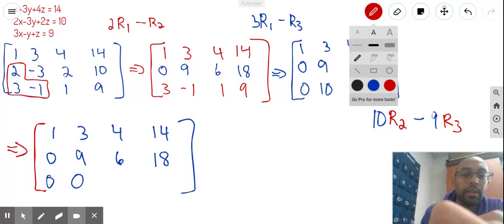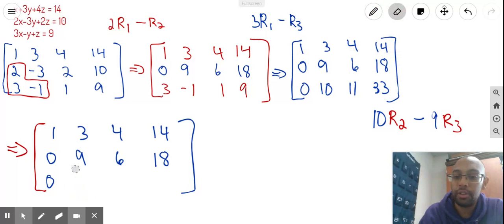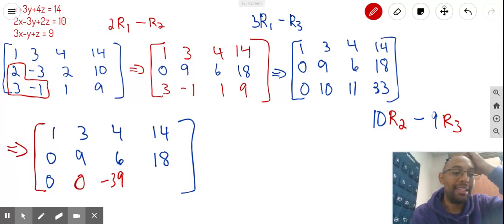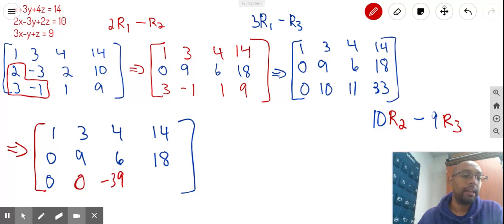In fact, let me do this in a different color to show that this is changed. So there's 0. 6 times 10 is 60, minus 9 times 11, which is 99. So 60 minus 99 is a negative 39. 10 times 18 is 180. 9 times 33 is, and sadly I don't know that off the top of my head, so 33 times 9, that's 297.